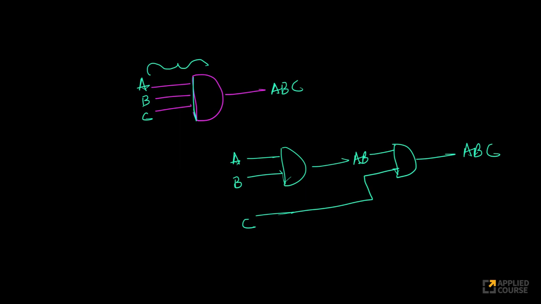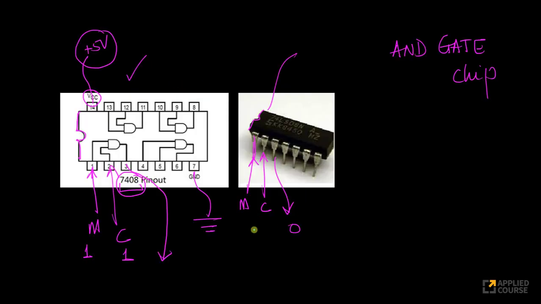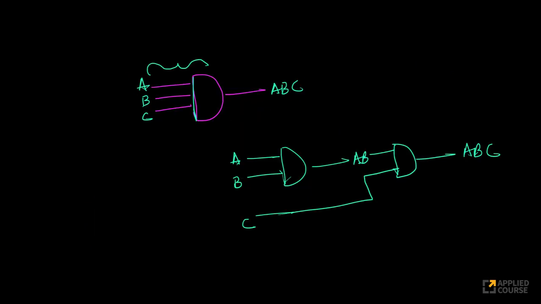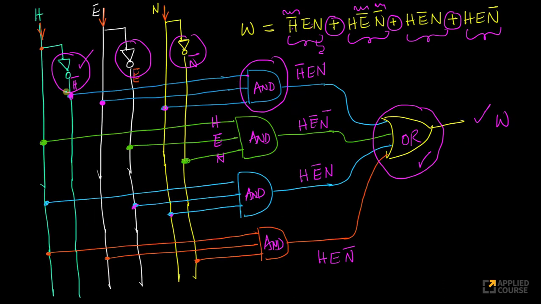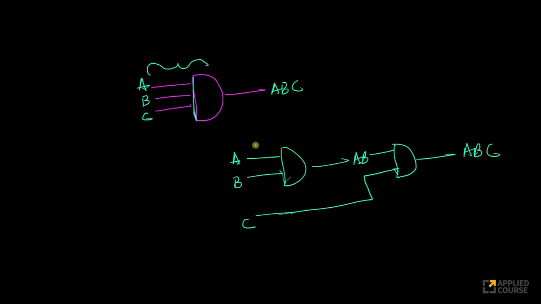So let's see that. Look at this. This is what we saw in the previous video. If you notice, each of these AND gates in this chip 7408 take only 2 inputs and generate one output. Imagine if you are using the 7408 chip for this problem, because if you notice, all the ANDs require 3 inputs, but your chip 7408 doesn't let you do that.